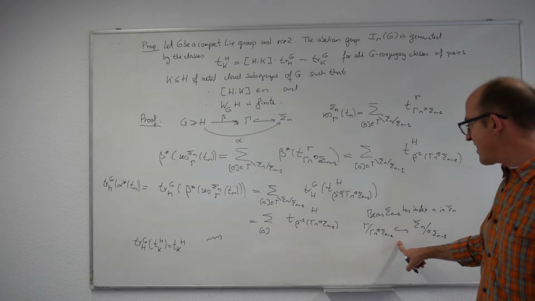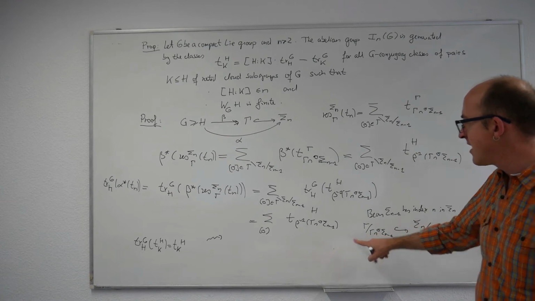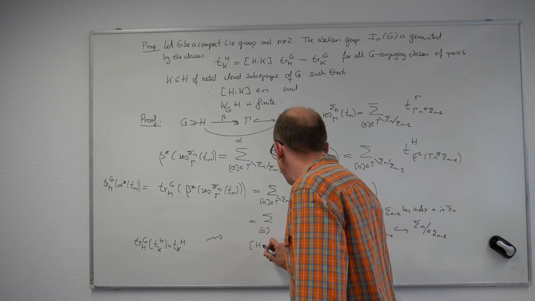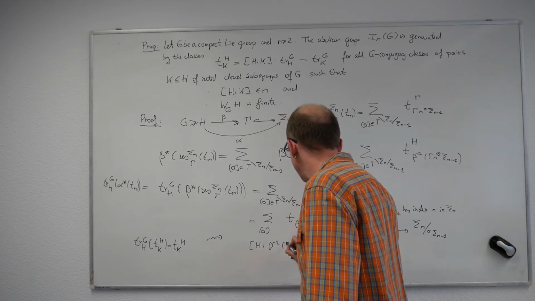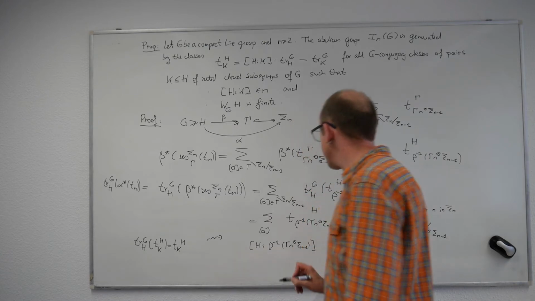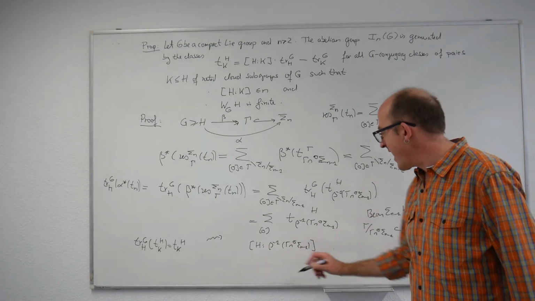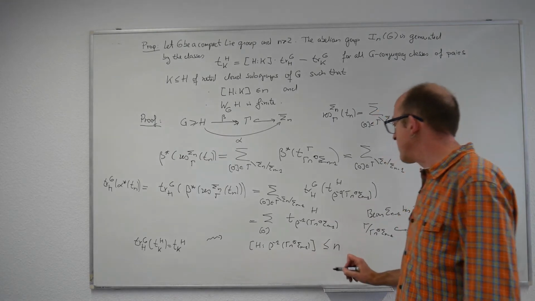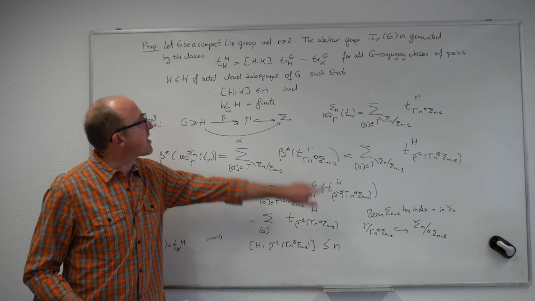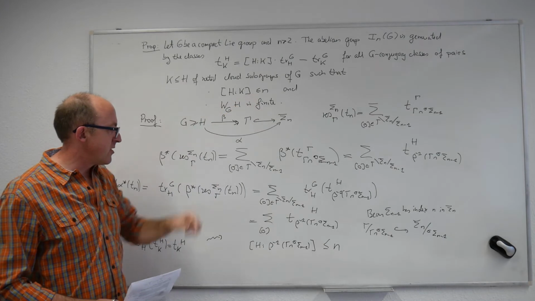Because this injects, this has at most n elements, and the index of this group in this is exactly the index of this group in this. So the index of beta inverse of gamma intersected with the conjugate of sigma n minus 1 in h, we deduce that this is less than or equal to n. So in other words, this element is a sum of things which are exactly of the form tkh with the index less than or equal to n.